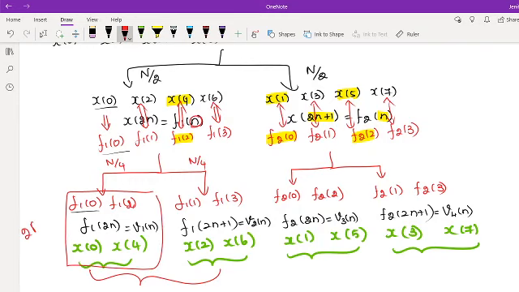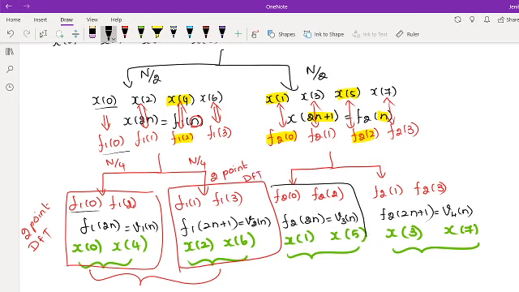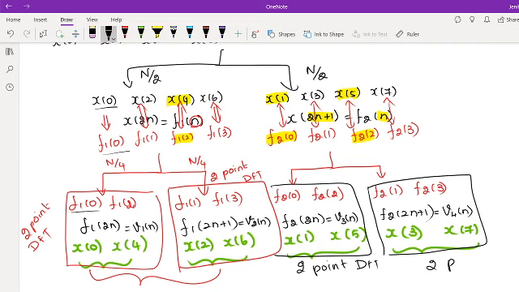These two are combined together and get a 2-point DFT, and the same way for the other pairs. So your input sequence is decimated, divided into 2 points.